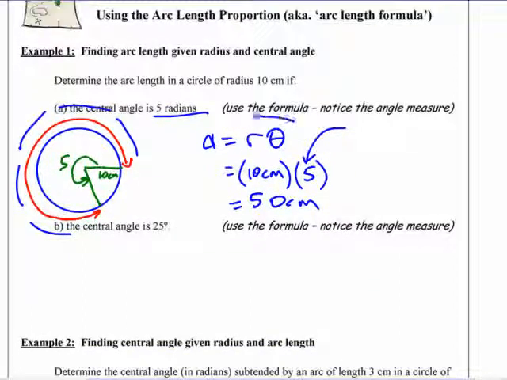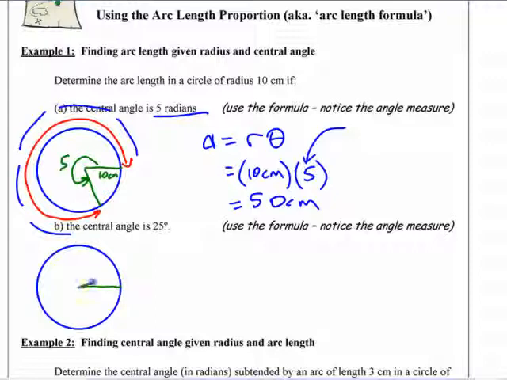If you use the method of blindly using the formula without thinking, you're likely to get this one wrong. You could draw roughly the same circle and say I have an angle of 25 degrees now, which isn't very big. It's over there somewhere. And somebody says I have 10 centimeters.